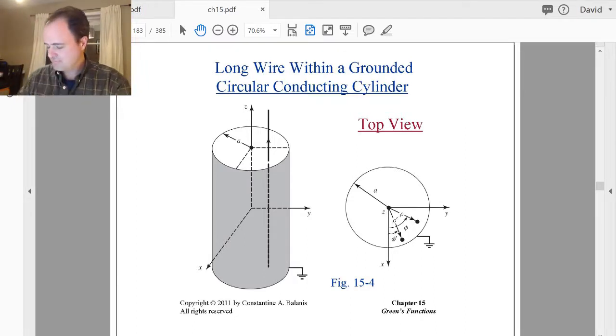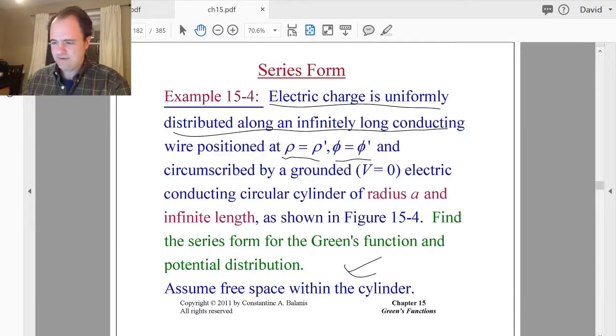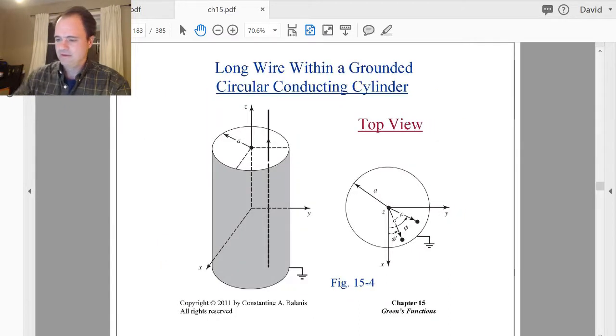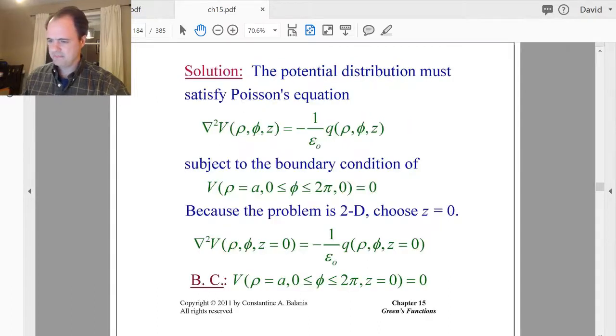And so we're going to have an infinitely long conducting wire positioned here at these coordinates. These coordinates can be anything as long as they are inside the cylinder. It doesn't matter. So this is the geometry we're working with. We have a grounded cylinder, and that infinite wire can have any charge distribution you want.